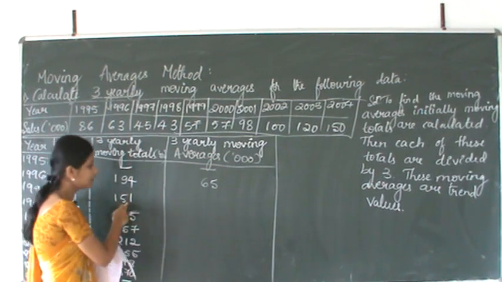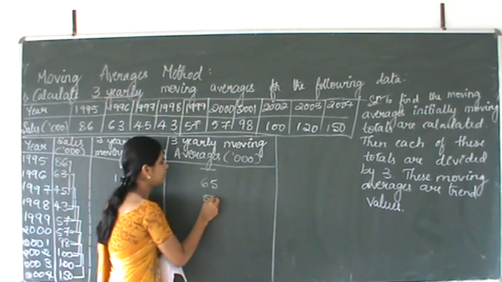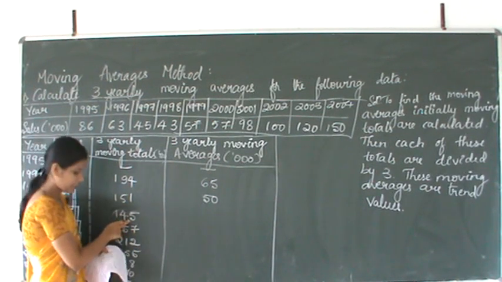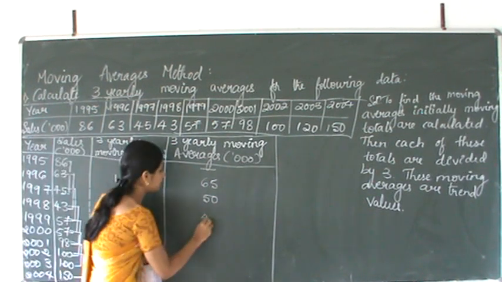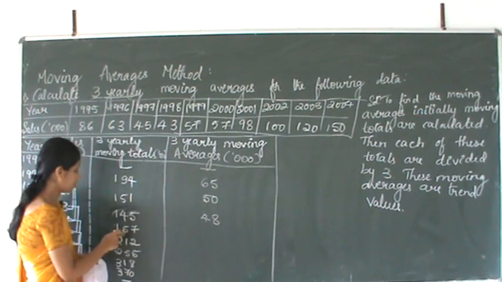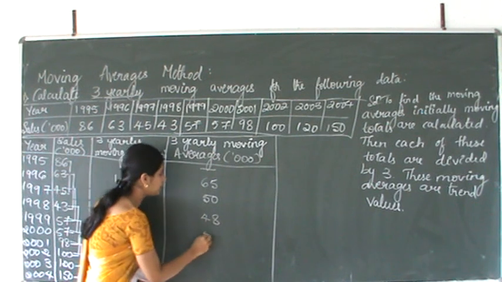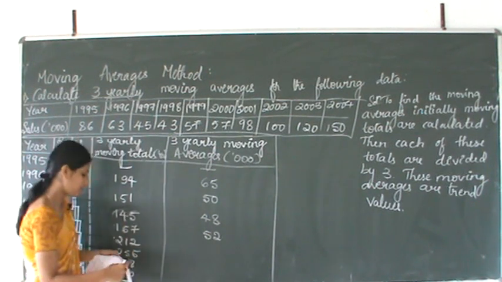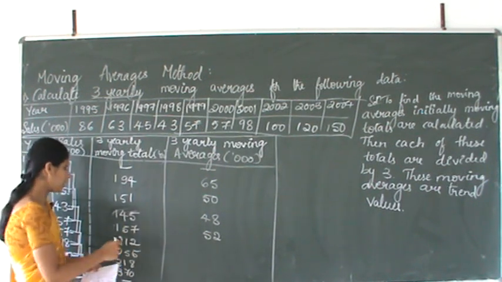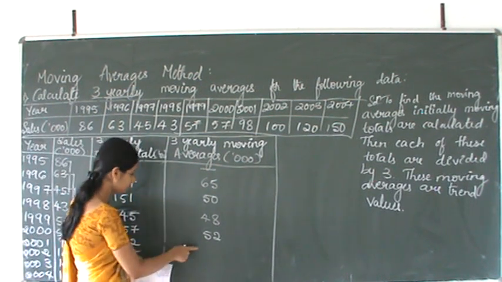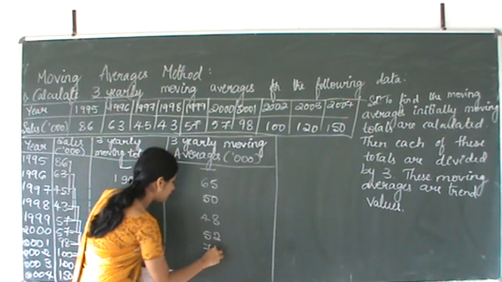151 divided by 3 is 50.3, we can write it as 50. 145 divided by 3 is 48.3, so 48. 157 divided by 3 is 52.3, so we can write it as 52. Next, 212 divided by 3 comes to 71.